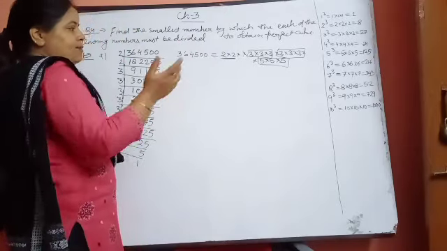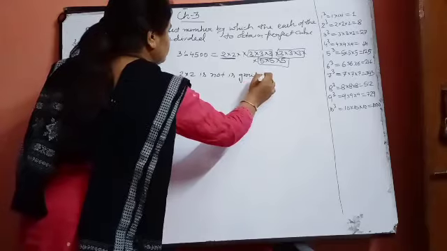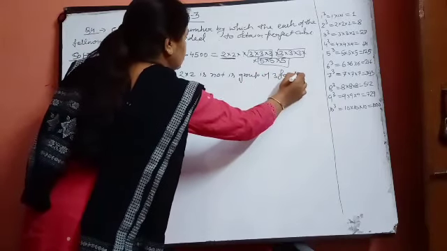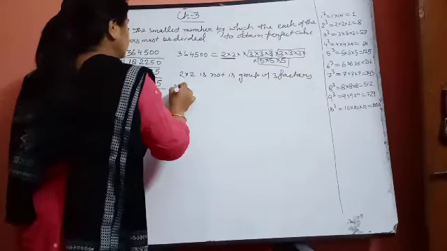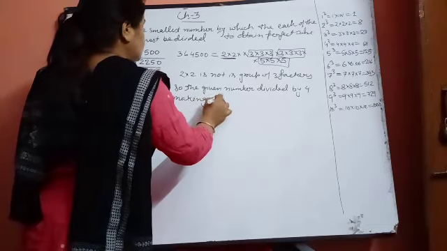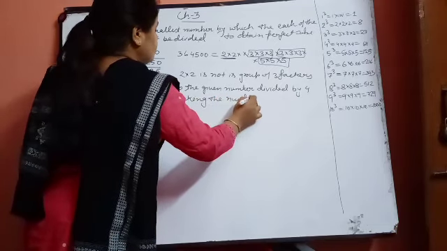It is written: find the smallest number by which each of the following numbers must be divided to obtain a perfect cube. So 2 into 2 is not in a group of 3 factors. So the given number should be divided by 4, making it a perfect cube.